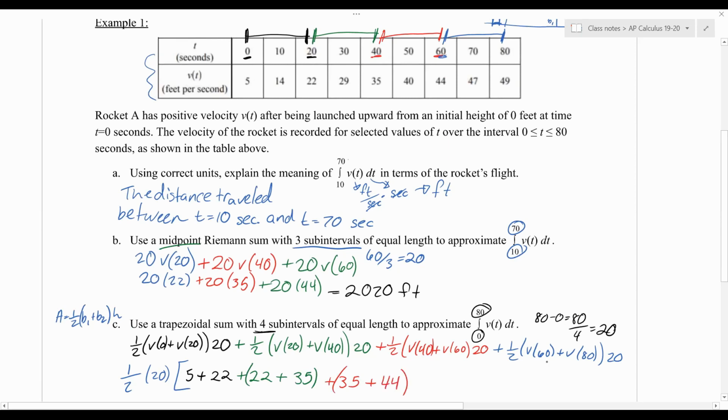And finally, we have v of 60 is 44, and v of 80 is 49. So we get our total is 2,560 feet. That's our approximation for the distance traveled between time t equals 0 seconds to t equals 80 seconds using a trapezoidal sum.